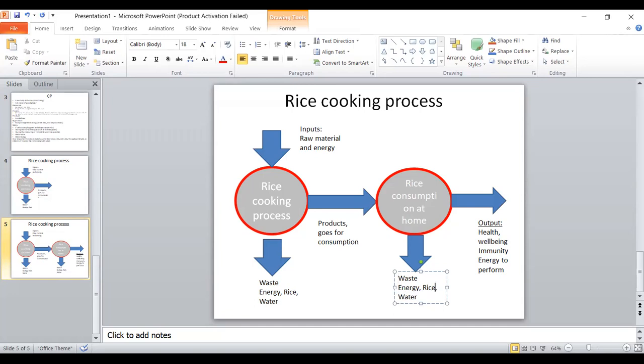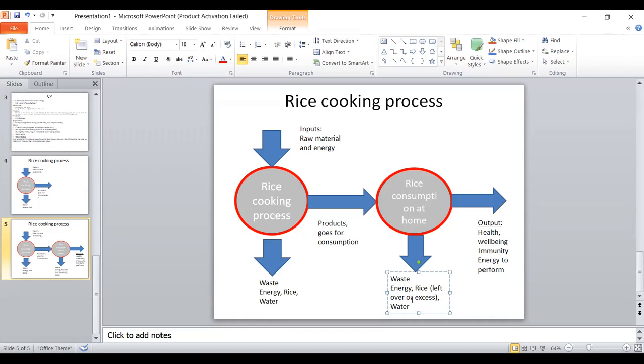Rice means leftovers. Water: washing the hands, washing the plates before and after eating.